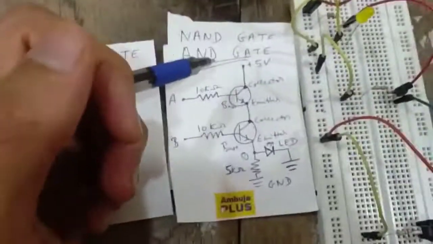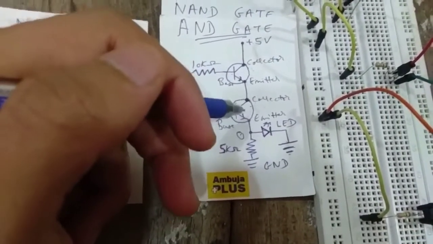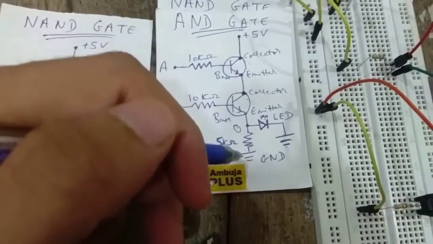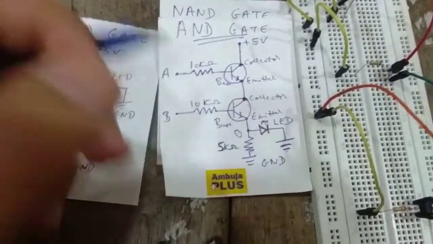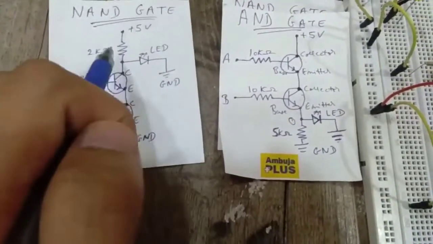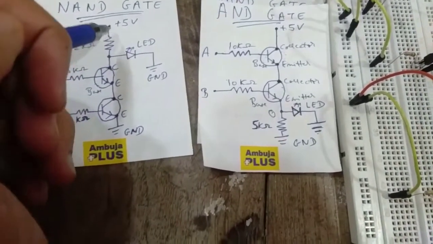for an AND gate circuit, we have put the output terminal after the emitter of the second transistor. Here you can see this much is the output terminal, and also the resistor is connected after the emitter of the second transistor. But here in this NAND gate, we have connected the output after the resistor, which is connected directly from the power supply.